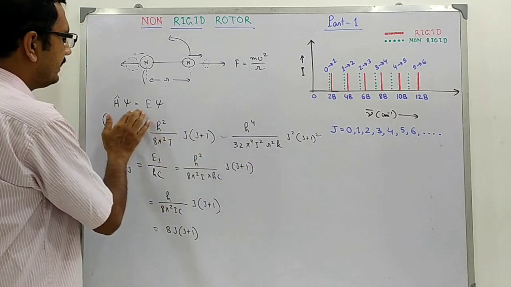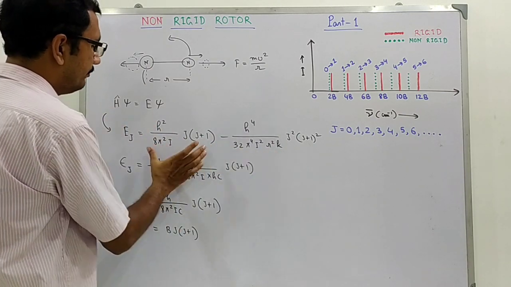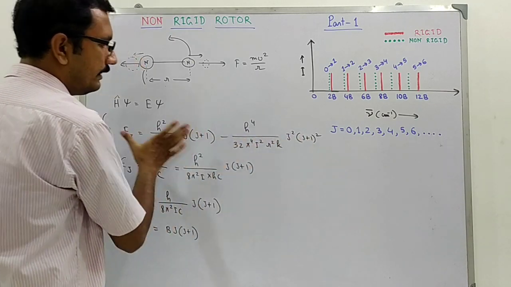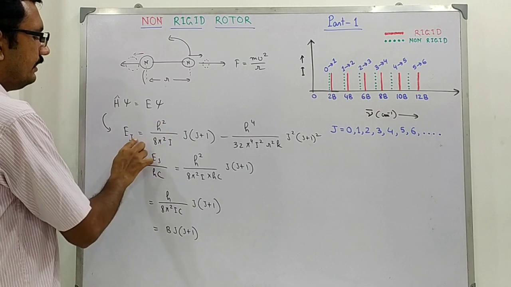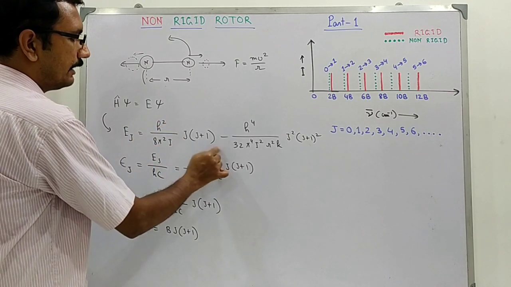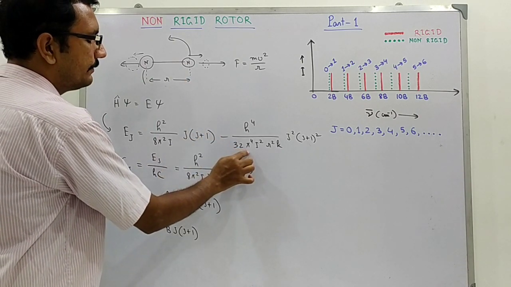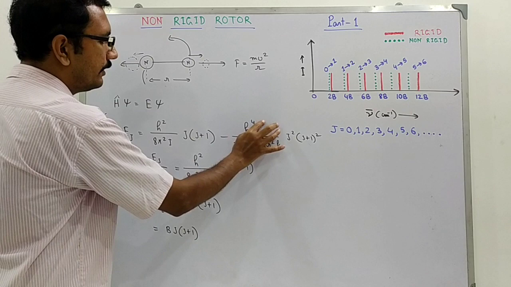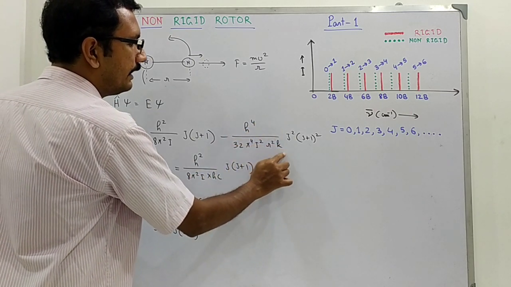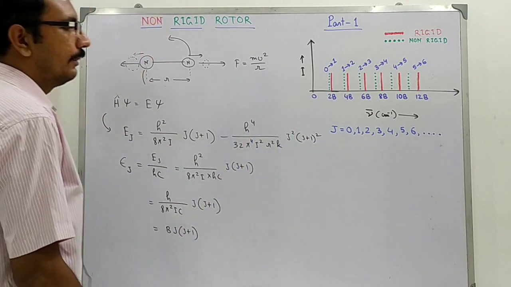This is the solution that came from this Schrodinger equation, and the expression is modified to this one. So, it is Ej equals h square upon 8 pi square I, j into j plus 1, that was already present for the rigid rotor, and this part has been added: minus h to the power 4 upon 32 pi to the power 4 I square r square, k j square into j plus 1 whole square.